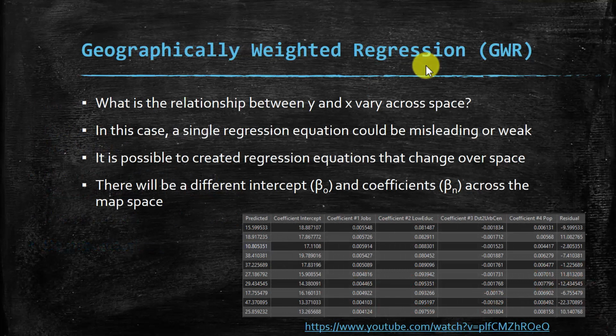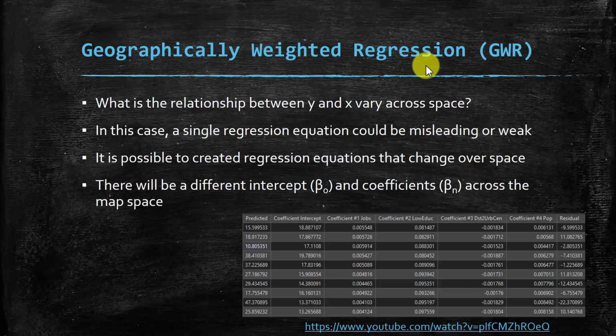Okay, and then to finish this up, I wanted to mention another form of regression that comes up in spatial data analysis specifically. So both for regression and multiple regression and single regression, you're going to end up with a single equation at the end with your coefficients and whatnot, and your intercept for the entire space.